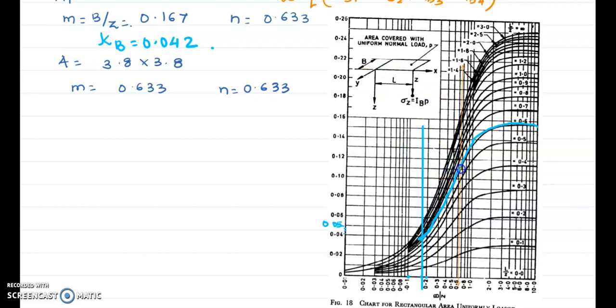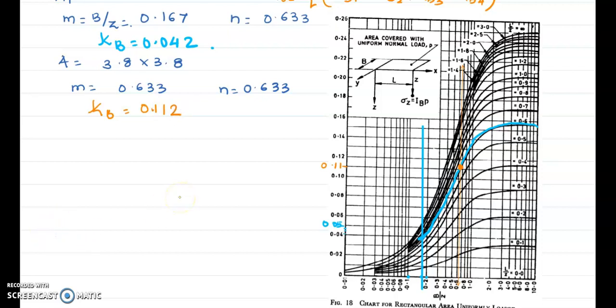So my intersection point is here. Can you all see the screen? I'm trying to mark it huge. So what will be my Boussinesq influence factor? Now this point is 0.11, so slightly more than that. So I'll write KB is equal to 0.112.